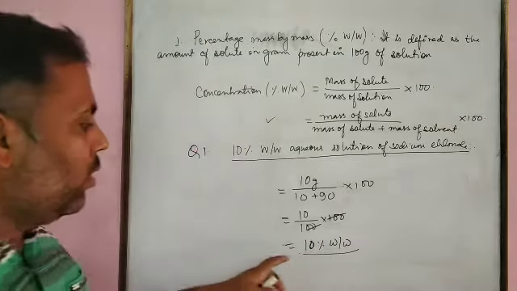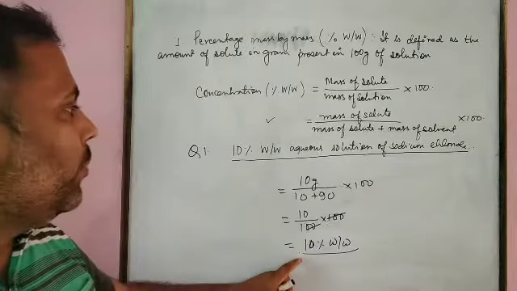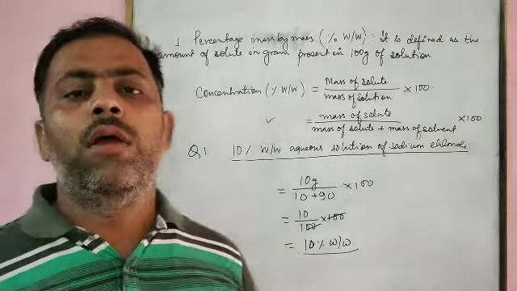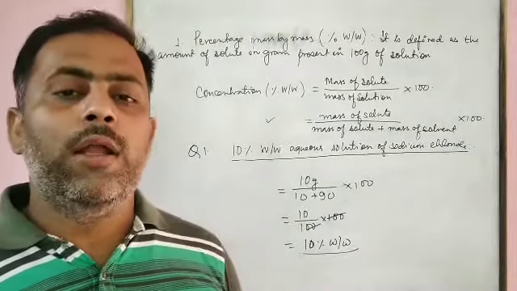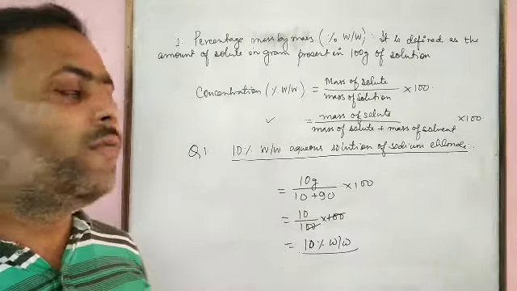That means 10% W by W means when 10 gram of sodium chloride is dissolved in 90 gram of water.